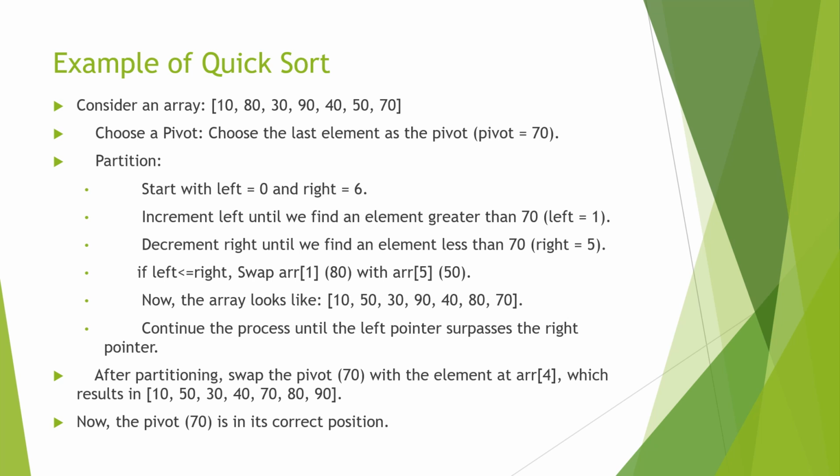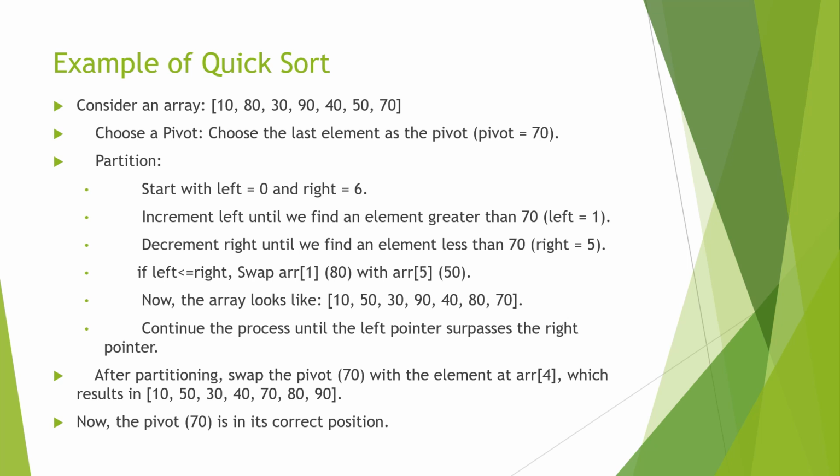While decrementing the right pointer, at right is equal to 5, we have 50, which is lesser than the pivot element. Since left is less than or equal to right, we swap the elements at array of 1 and array of 5. So 80 and 50 will be swapped, and we get 10, 50, 30, 90, 40, 80, 70.